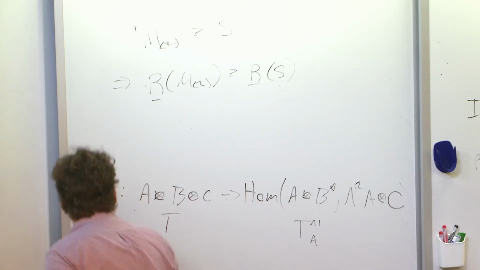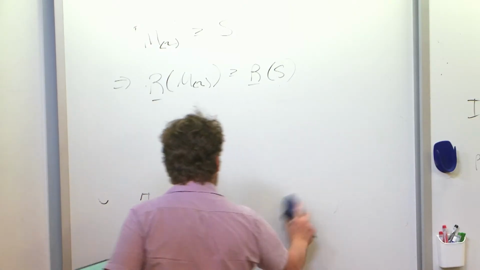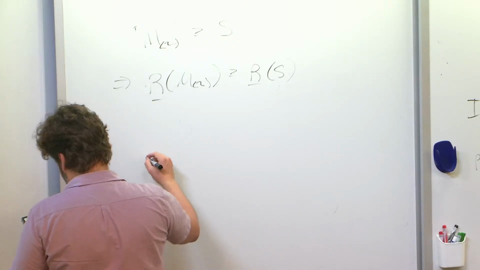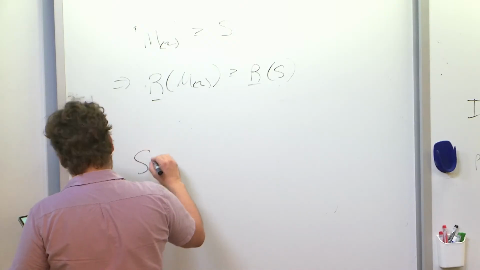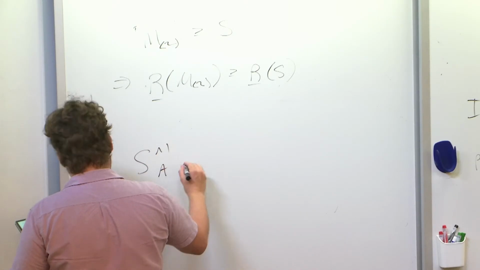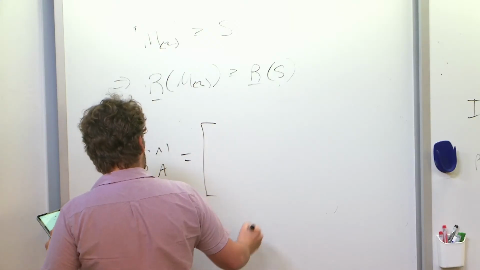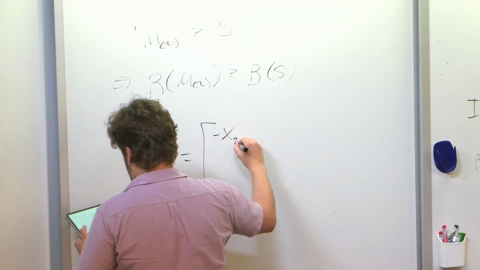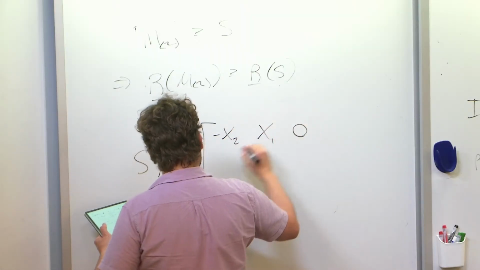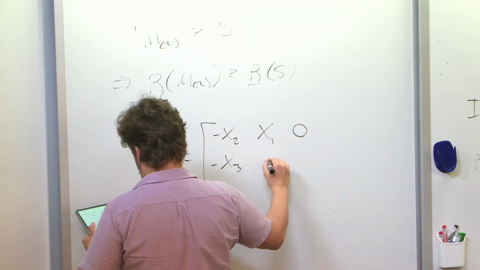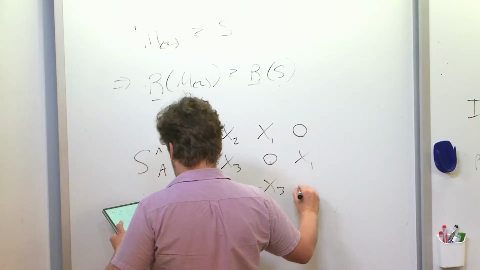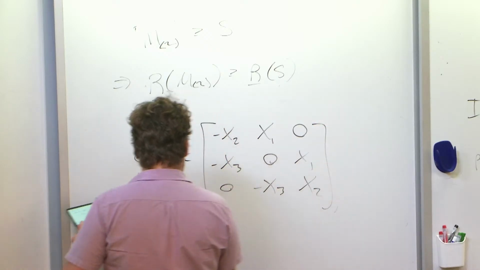Since this is our maybe first non-trivial example of a flattening, I will write the flattening map. So S wedge 1 A.